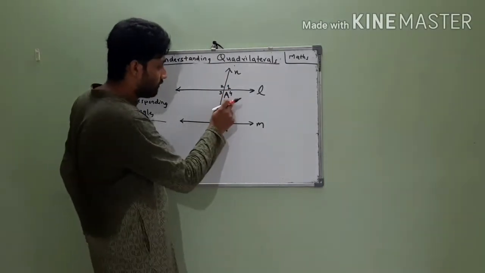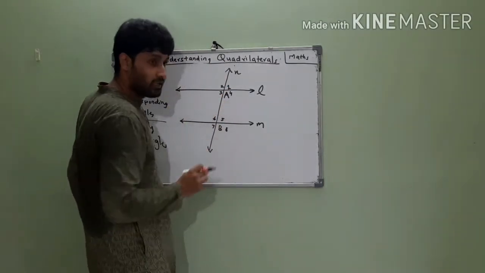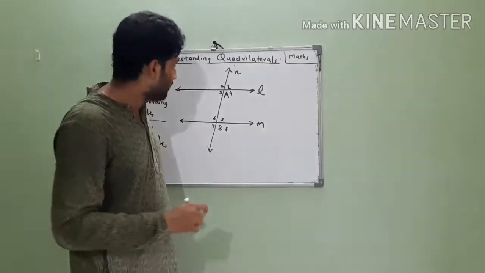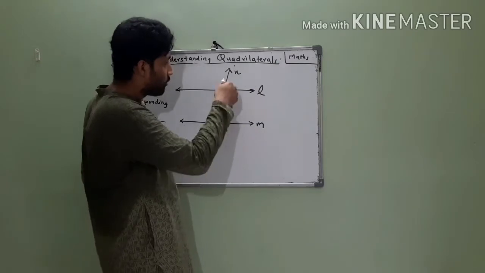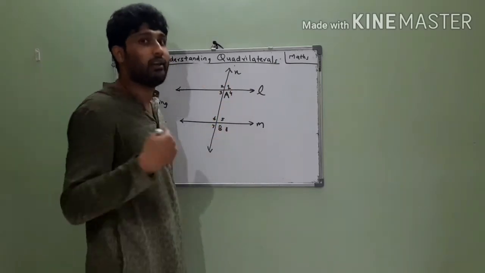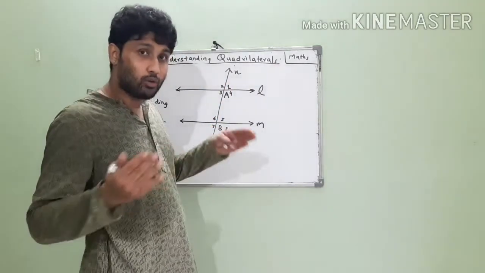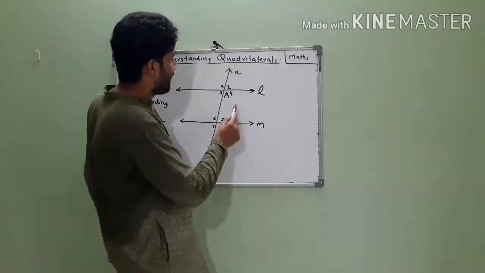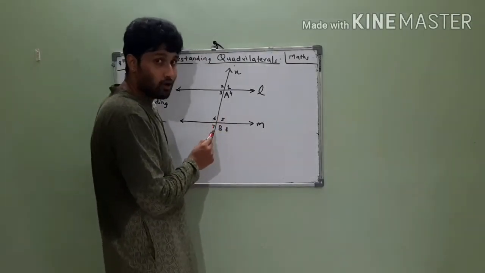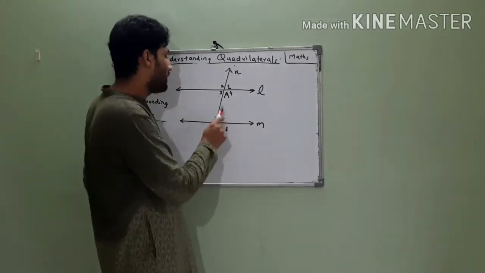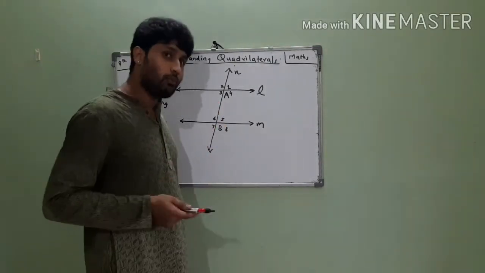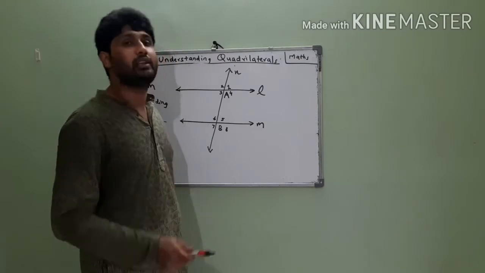So 3, 4, 5, 6 are the 4 interior angles here because they lie between the two parallel lines. 1, 2, 7 and 8 are exterior angles because they lie outside the parallel lines. Angle 4 and angle 6 are called as alternate interior angles. And angle 3 and angle 5 are again another pair of alternate interior angles.